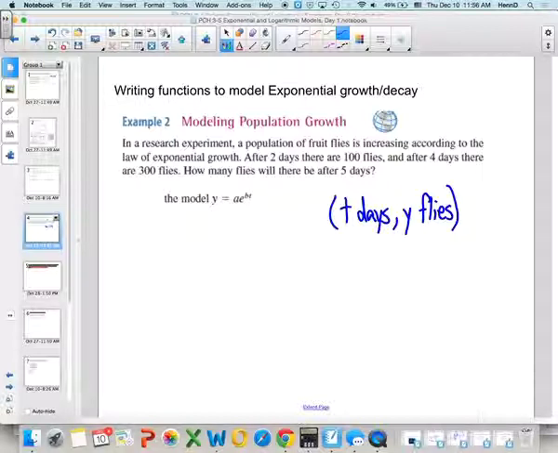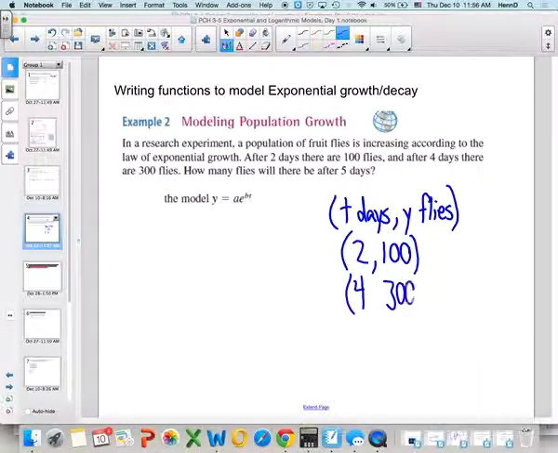So one of the points that we have is the point (2, 100), and the other point that we have is the point (4, 300). We can set that up in like a ratio, like 2 days are 100 and 4 days are 300, and cross multiply. We will use a ratio, but we've got to be careful how we set it up.